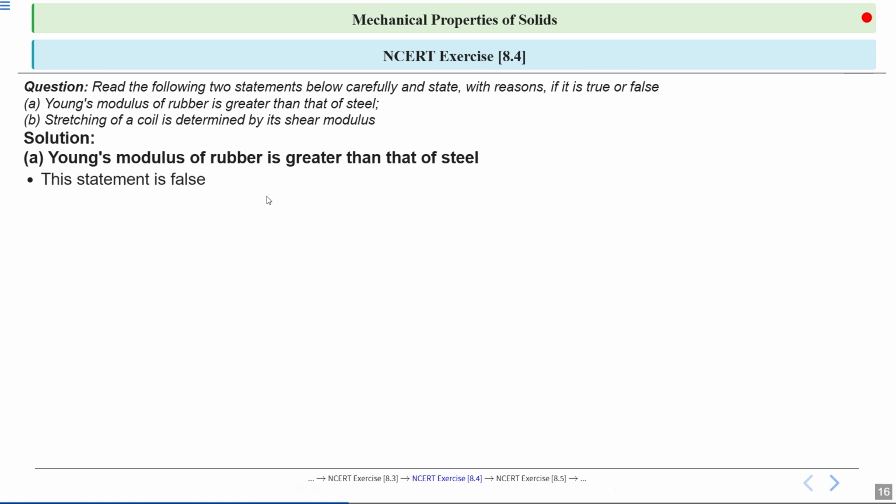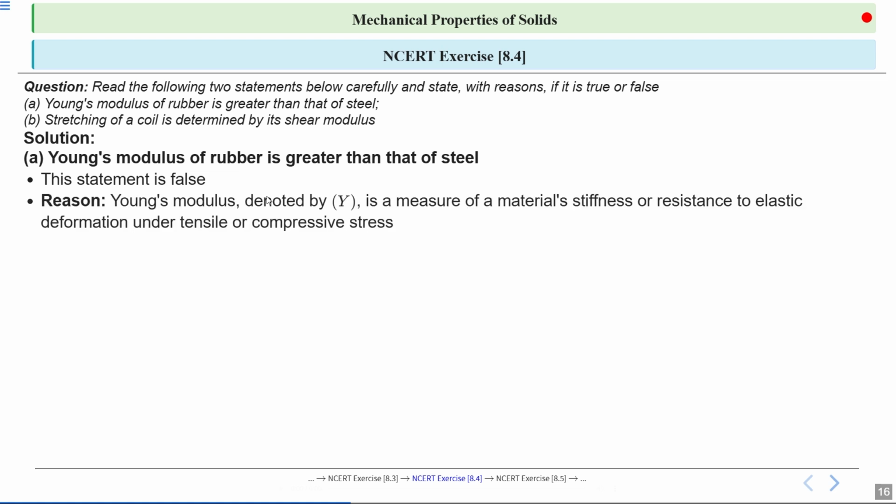So this statement is actually false. It's important to recognize that even though rubber can stretch a lot, that does not mean it has a higher Young's modulus than steel. Let's see why. So Young's modulus, often represented by the letter Y, measures how stiff a material is.